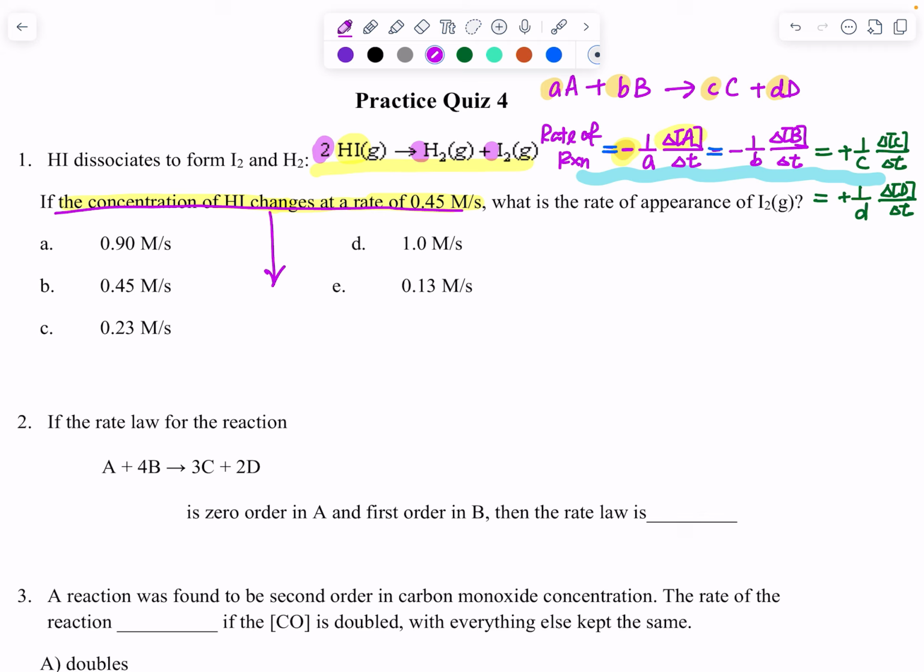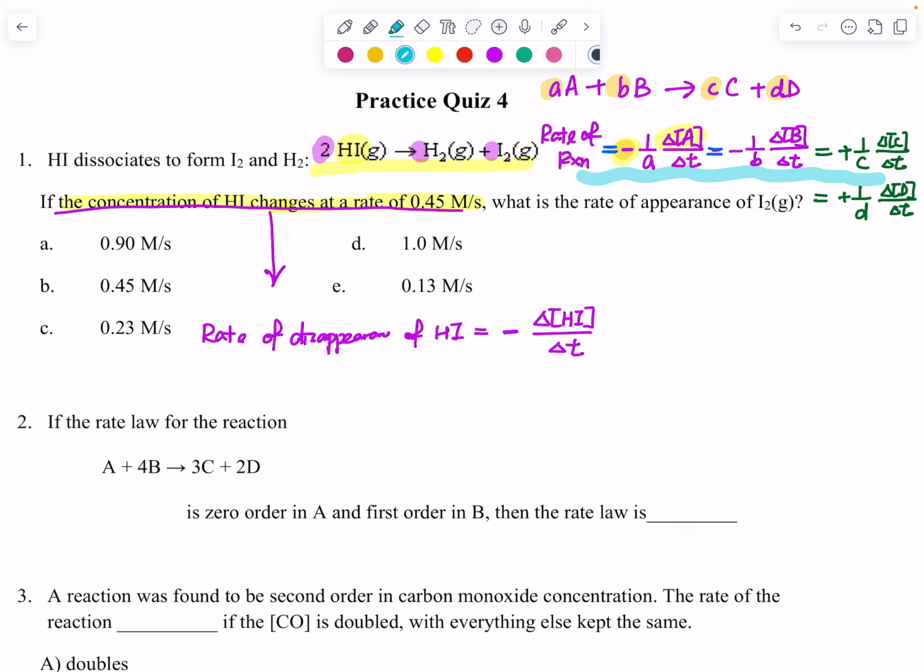To express that, since we're expressing a rate, we still want it to be a positive value. So the rate of disappearance of HI can be expressed as follows. Since it needs to be a positive value, I have the negative sign and the change in concentration of HI over a certain time interval.